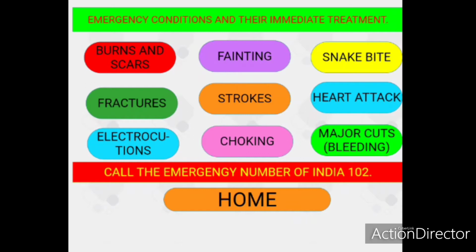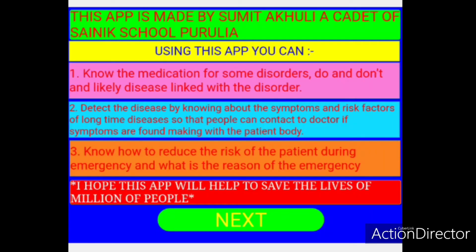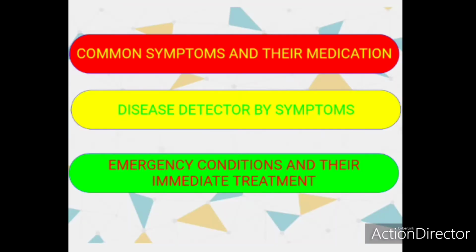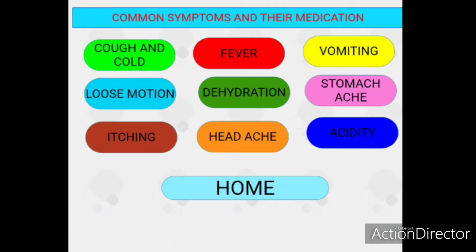Since this is an emergency condition, an emergency number of India has been provided here, that is 102. Now let's go to common symptoms and go to cough and cold.